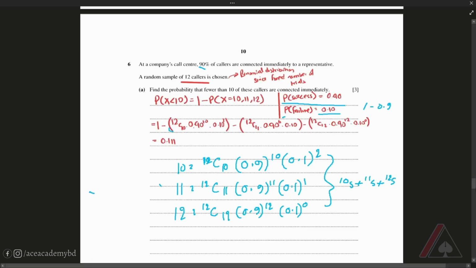Then 1 minus the probability that 10 or more were connected gives us the probability that less than 10 were connected. So we deduct this from 1, and we get 0.111. This is the probability that less than 10 callers were connected successfully.